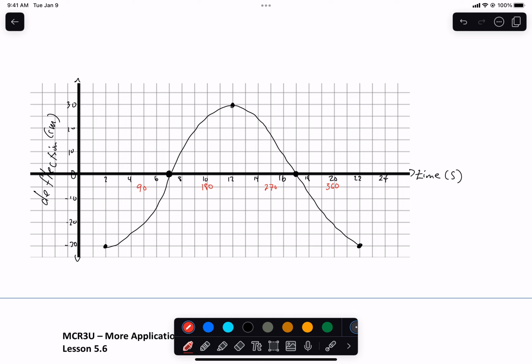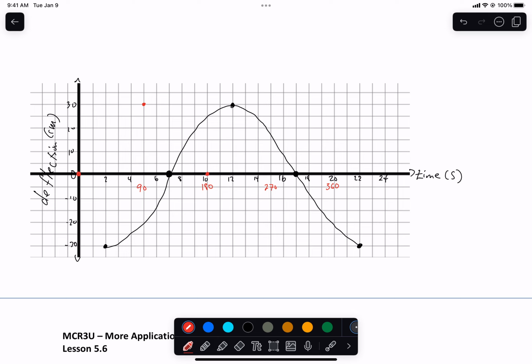And what we can do now, I'll just pretend that the base graphs have an amplitude of 30, no problem there. So what I'm going to do is say, okay, the sine curve starts at 0. At 90 degrees, it's going to reach its maximum of what would have normally been 1, but in this case, because the amplitude's 30, I'm just going to put it at 30. At 180 degrees, the curve's going to come back to 0.